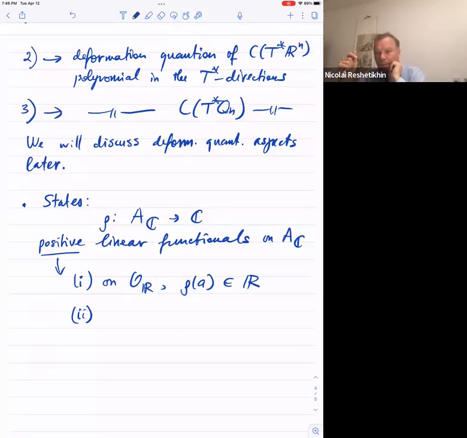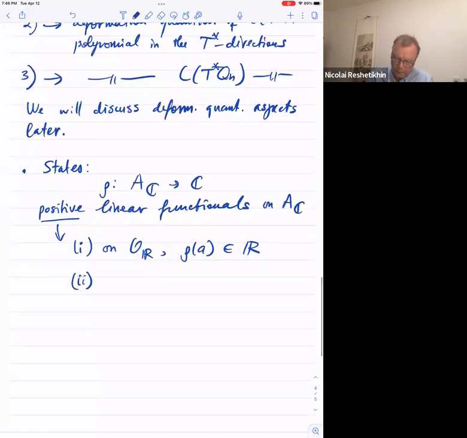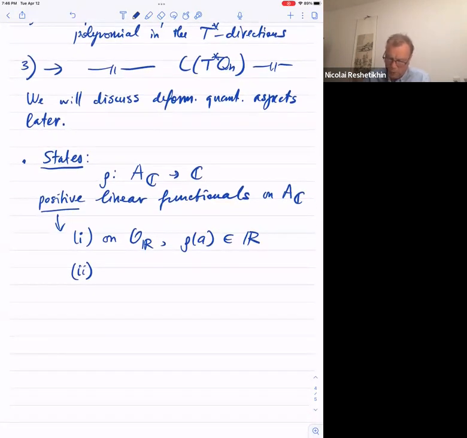Okay, now states. So these are linear functionals which are real on self-adjoint elements and are non-negative on the self-adjoint elements of this type.